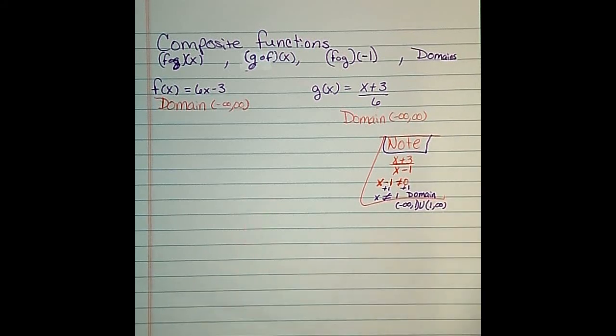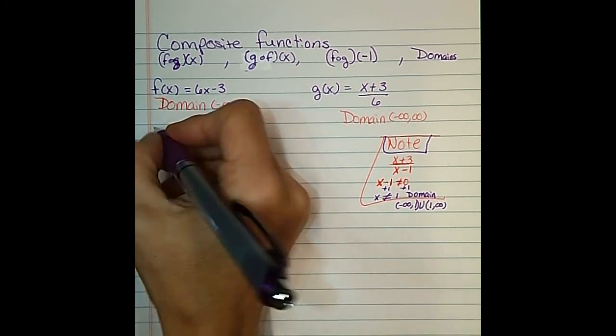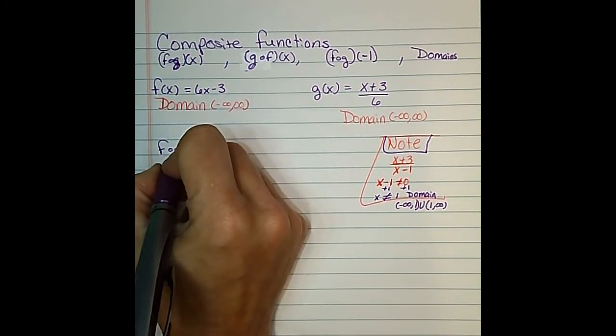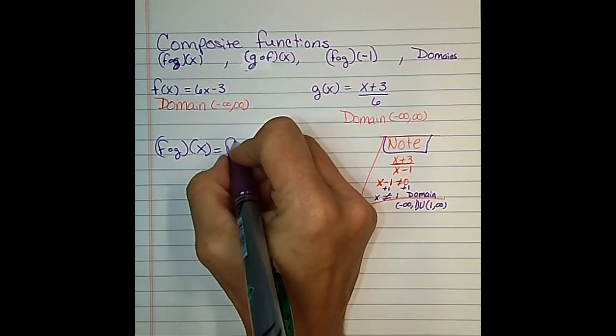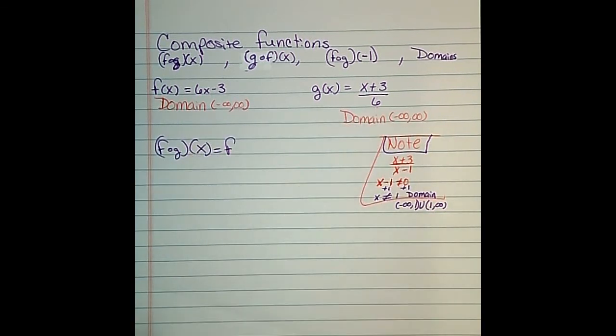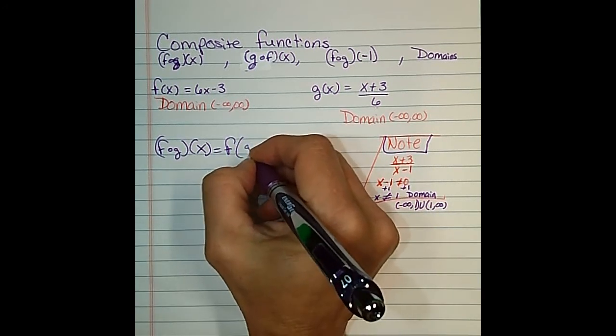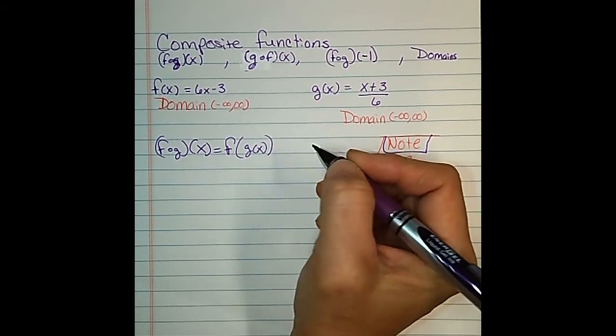So let's talk about g of f and f of g. Clearly, f of g of x just says that whatever my function f is, everywhere I see x, I'm going to plug in the g of x function.